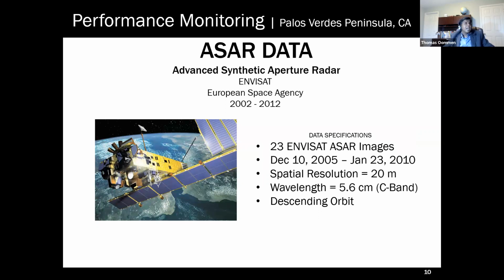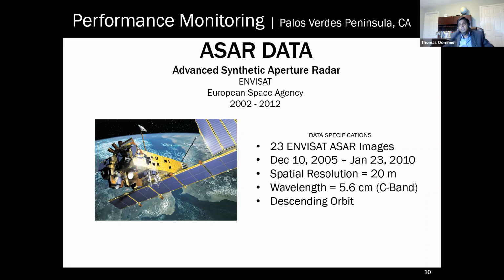The satellite was available from 2002 to 2012, and there were 23 Envisat ASAR images during that time period, but the time period that we used was from 2005 to 2010. The spatial resolution of this satellite was about 20 meters, and the wavelength was 5.6 centimeters.